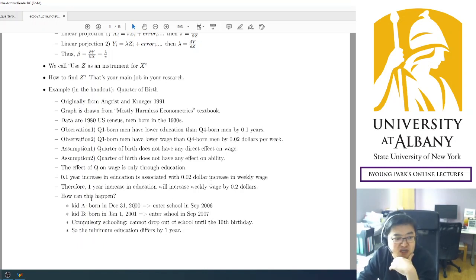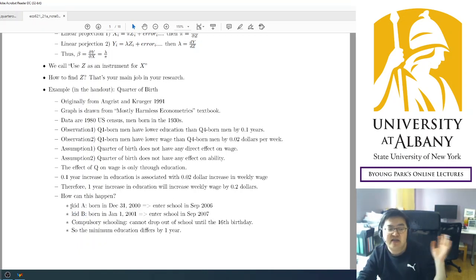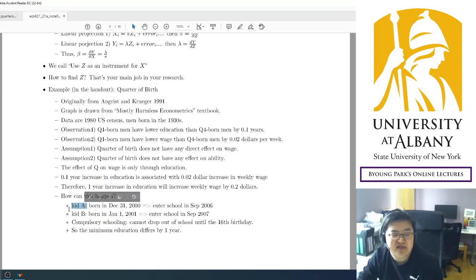So think about two kids, kid A and kid B. Suppose that everything else is the same. So these two kids are identical, or you can think of them as twins. But one of the twins was born on December 31st, 2000, and the other was born on January 1st, 2001.